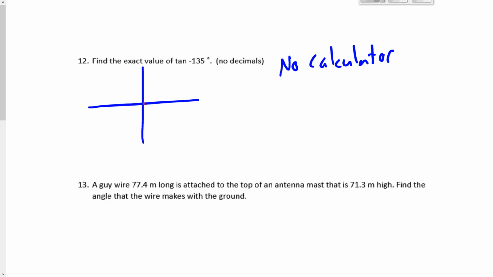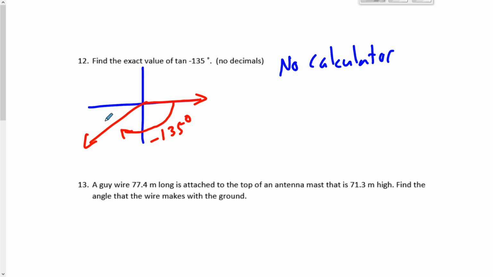So we're starting here, initial side, negative 135, it means it opens down, right? Past 90 here, right? And this would be negative 180, our x-axis to the left here. So somewhere over here is our angle. That is negative 135.